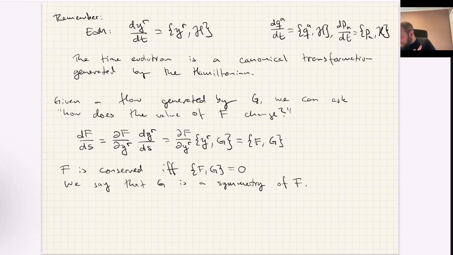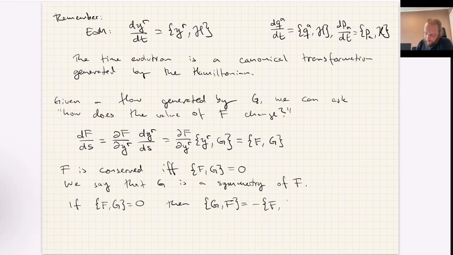But here's the funny thing, or rather it might seem rather straightforward when you see it like this, but the Poisson commutator is antisymmetric, right? So if the Poisson commutator between f and g is 0, then the commutator between g and f, which is minus the bracket of f and g, is also equal to 0.